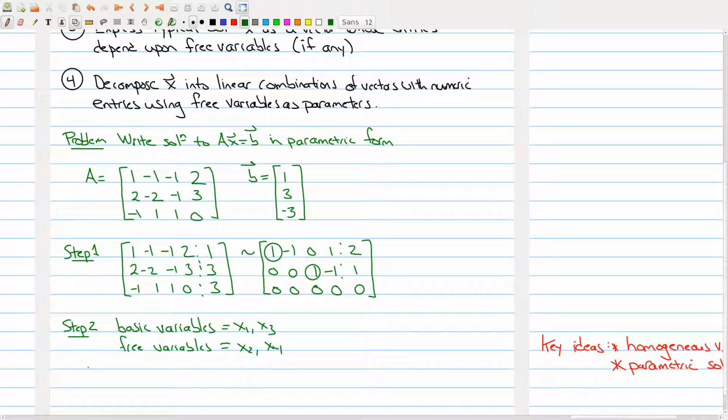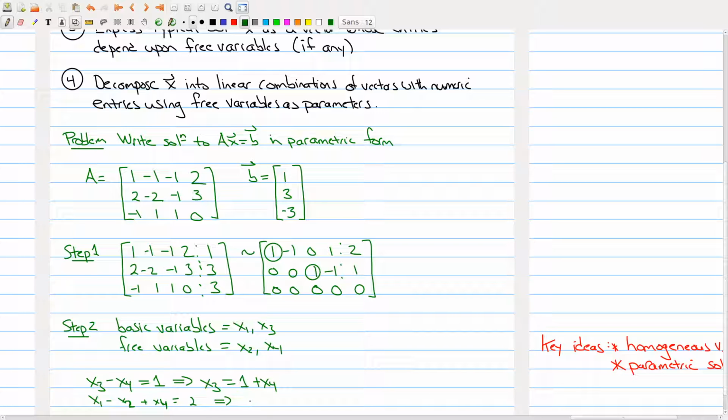I'll start with the second equation. The second equation tells me that x3 minus x4 is equal to 1. So I'll rearrange that, and I have x3 is equal to 1 plus x4. And the top row tells me that x1 minus x2 plus x4 is equal to 2.